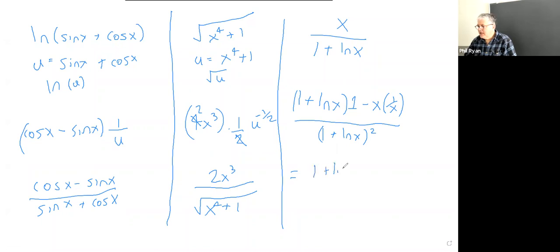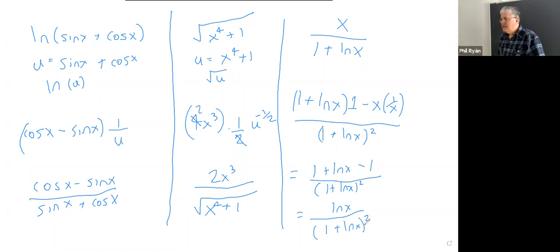We get 1 plus ln of x minus 1 over 1 plus ln of x squared equals ln of x divided by 1 plus ln of x squared. Okay, and that does that there. Excellent.